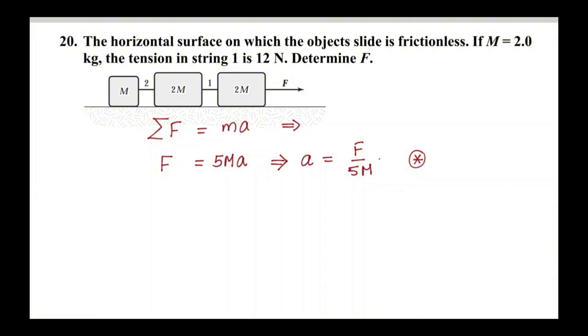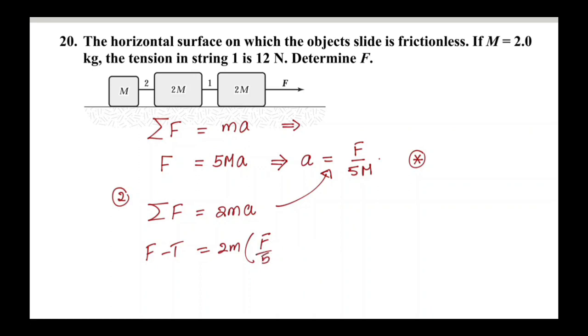Now the sum of all forces on system 2 equals 2MA. In this one, F minus tension equals 2M times A, which we just calculated as F over 5M.